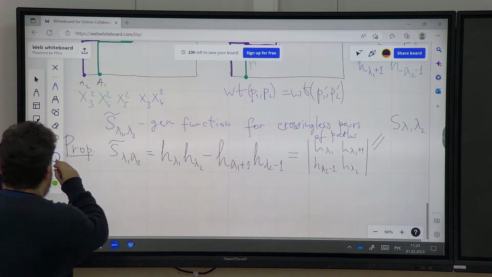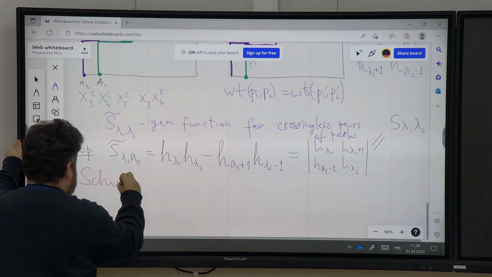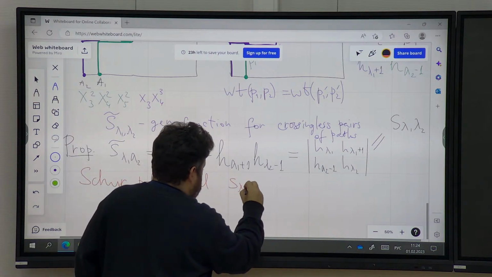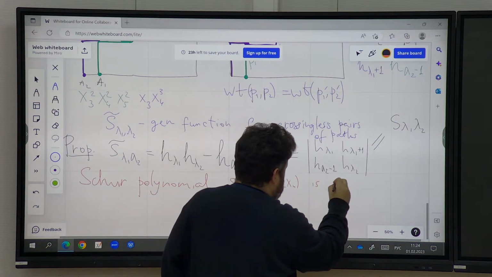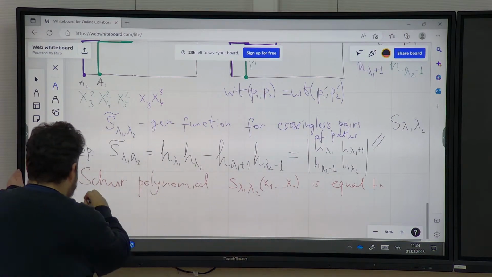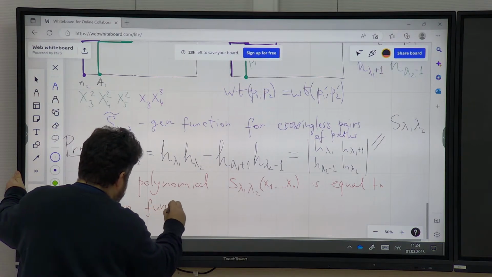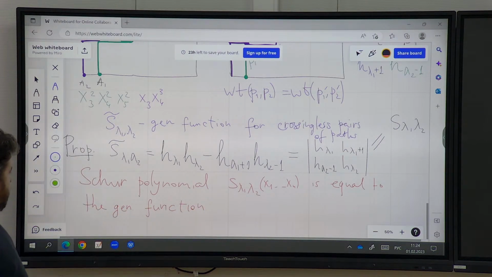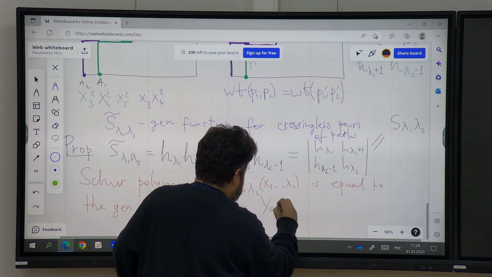Write it in red ink: the Schur polynomial s lambda 1, lambda 2 of x_1 through x_n is equal to the generating function for Young tableaus.